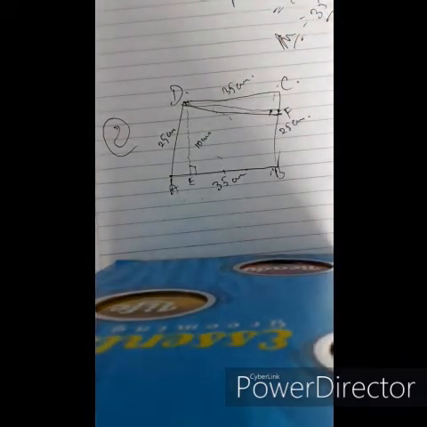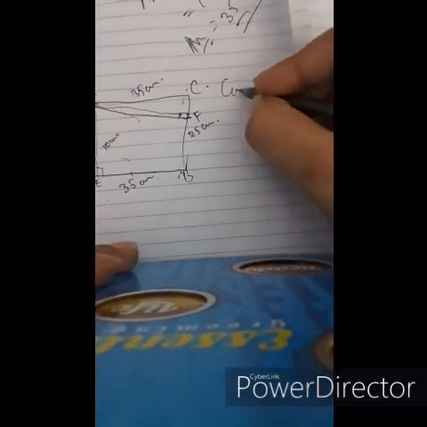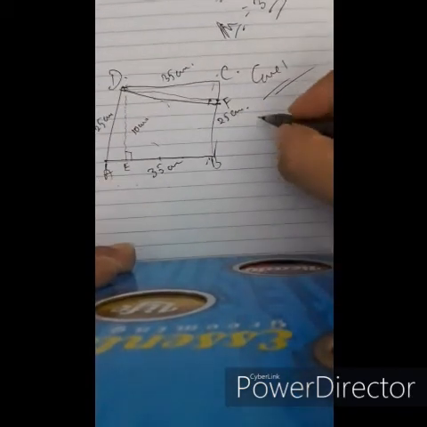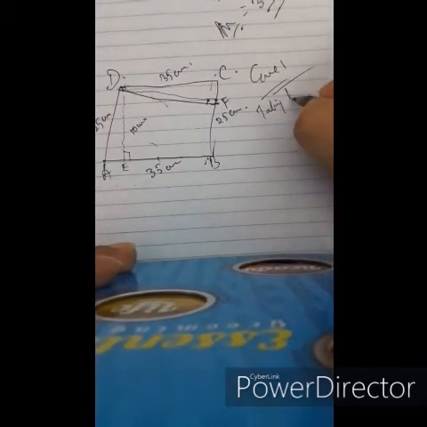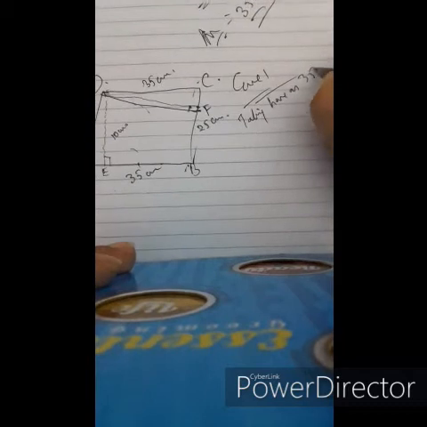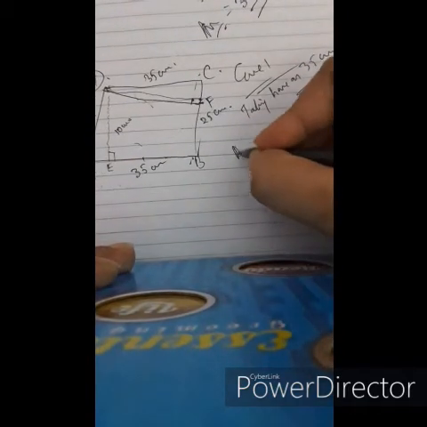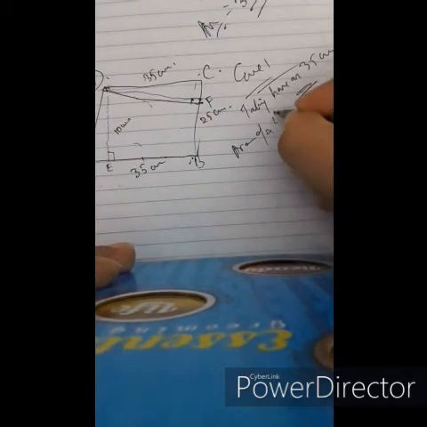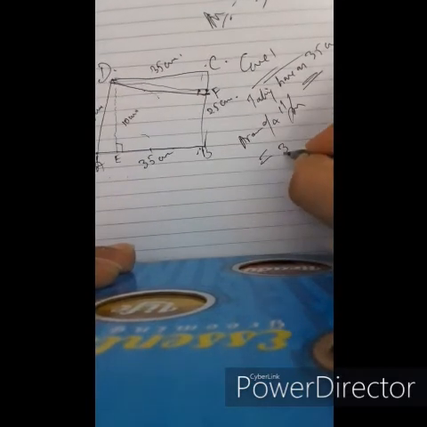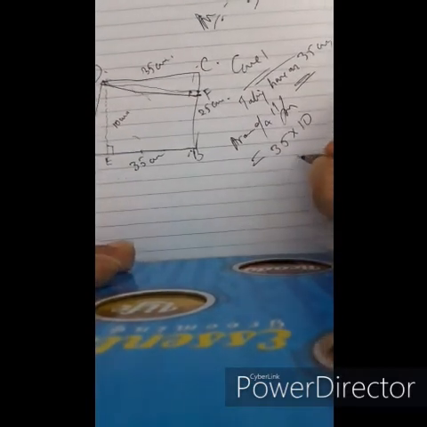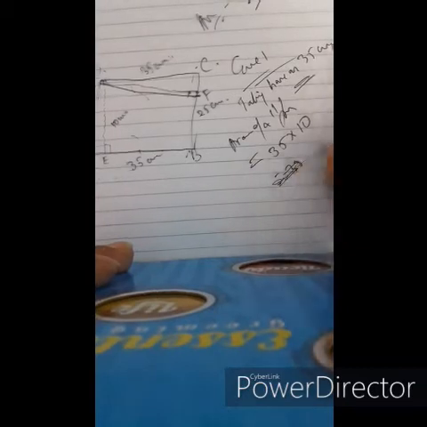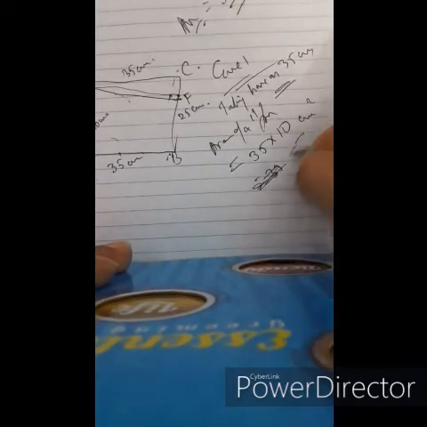So case 1, taking base as 35 centimeters, the area of the parallelogram becomes 35 into 10 centimeters square.